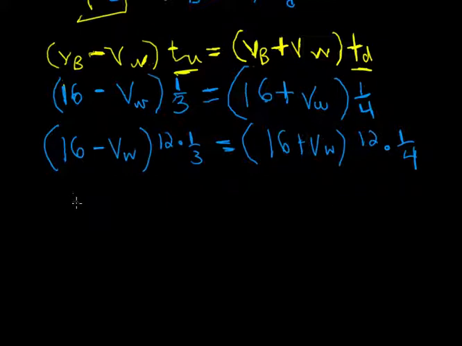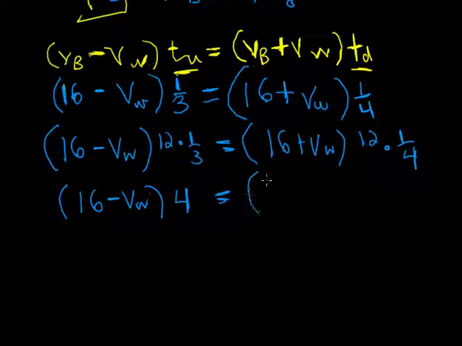And so what this gives me is 16 minus the velocity of the water times 4, and 16 plus the velocity of the water times 3. And now I don't have fractions to deal with, at least while I solve the problem.